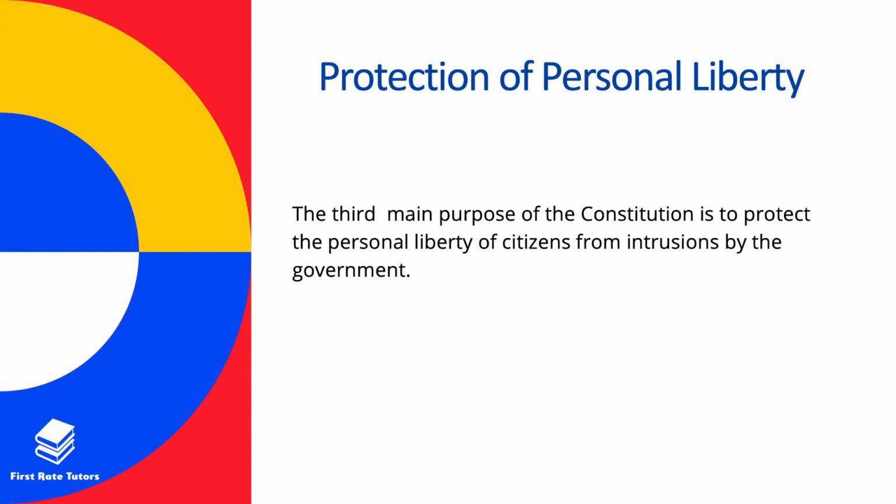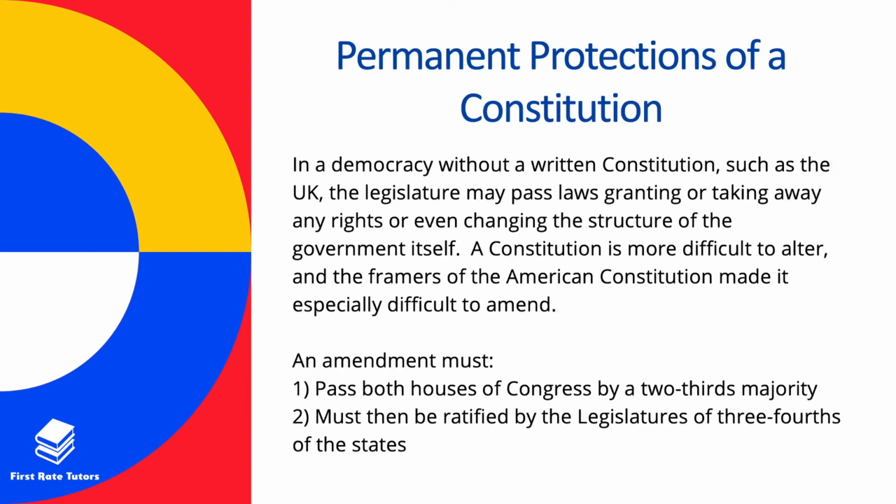Of course, the Constitution also oversees the protection of personal liberty, so the third main purpose of the Constitution is to protect the liberty of citizens from intrusions by the government. The Constitution also provides for the permanent protection of itself. In a democracy without a written constitution such as the UK, the legislature may pass laws granting or taking away any rights or even changing the structure of the government itself.